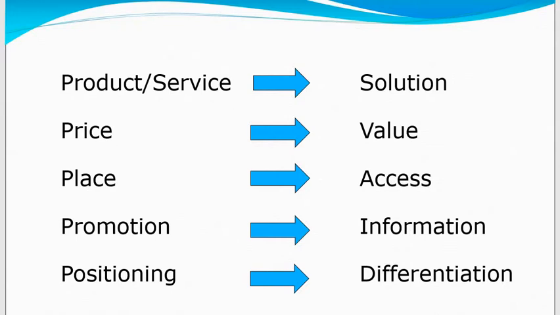Promotion is about providing information about our products or services. And positioning is about being different, about our differentiation in the market. So sometimes you'll find in the literature even 5 P's of marketing. So this could be the 5 P's of marketing mix.